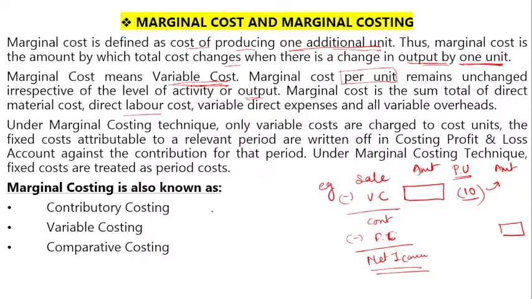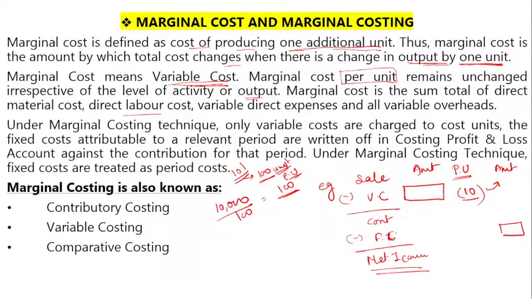If the total variable cost is 10,000 and the company produces 100 units, we divide by 100, so that is 100 per unit. Now, is this 100 per unit amount fixed? Suppose the company adds an additional unit of output and produces 101 units.